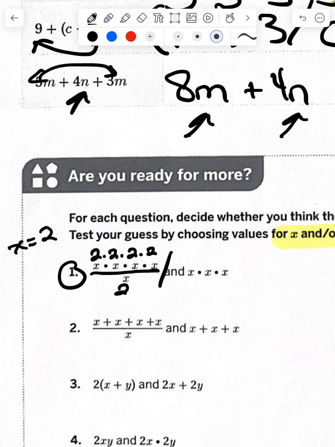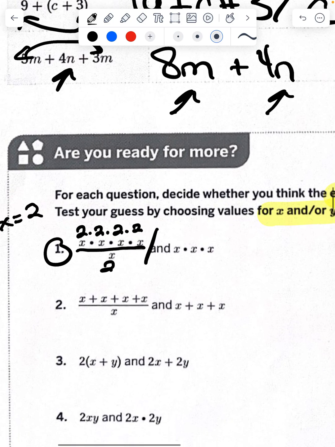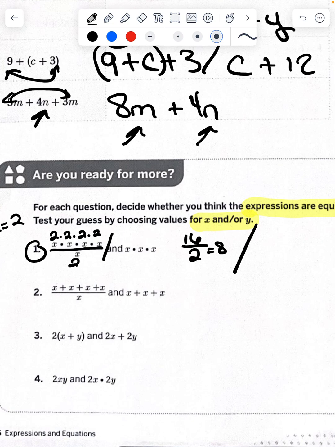If I do 2 times 2, I get 4. 4 times 2 is 8. 8 times 2 is 16. So that's going to be 16 on top divided by 2, I get 8. So 2 times 2 times 2 times 2 is 16. 16 divided by 2 is 8.